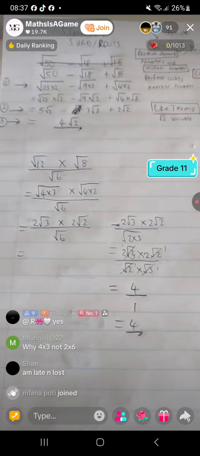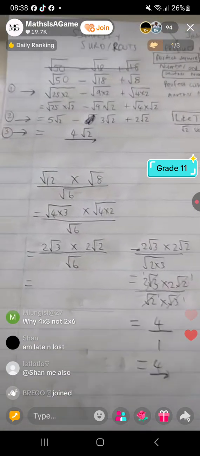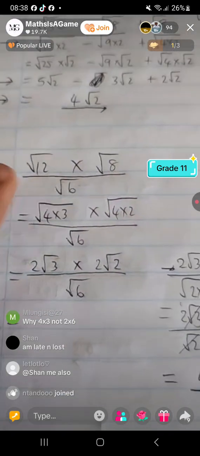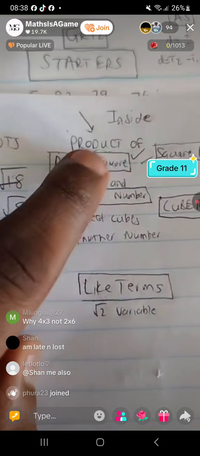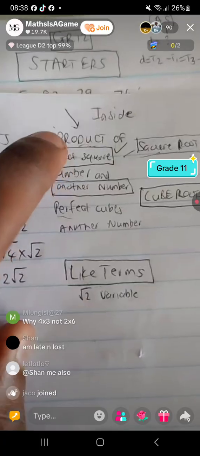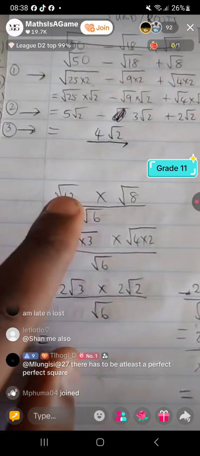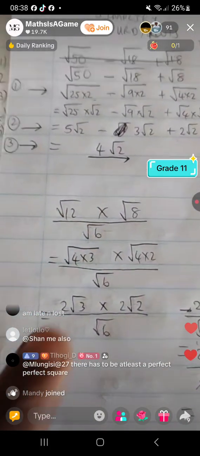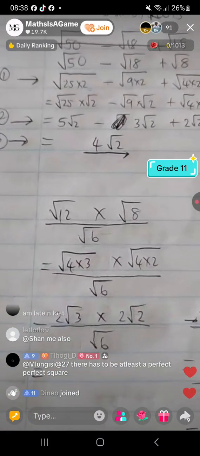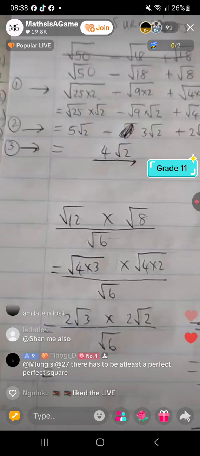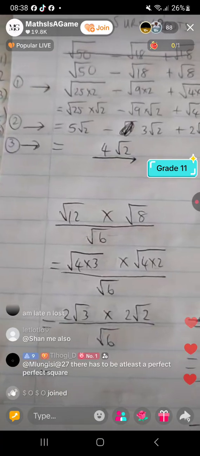All right, I think we've already spoken about the fact that if we are dealing with a square root, what we want is to write the product of the numbers inside the square root as a perfect square number and another number. Okay, so the factors of 12 that have a perfect square number and another number are 4 and 3. 6 and 2, 6 is not a perfect square number, 2 is not a perfect square number.